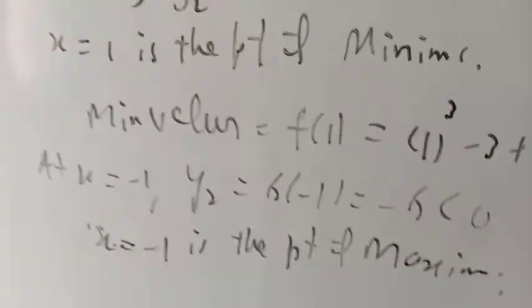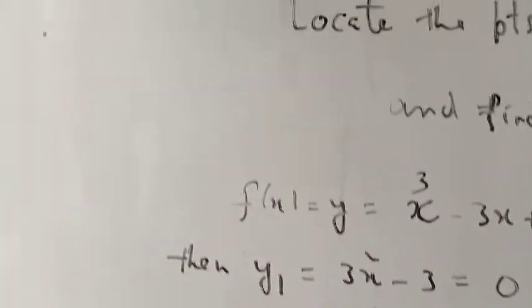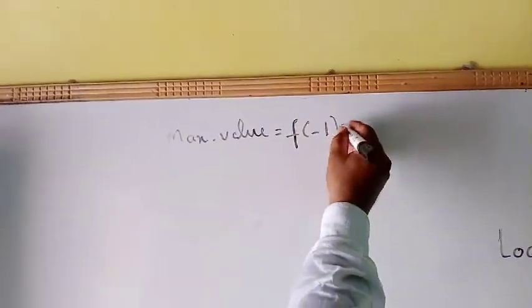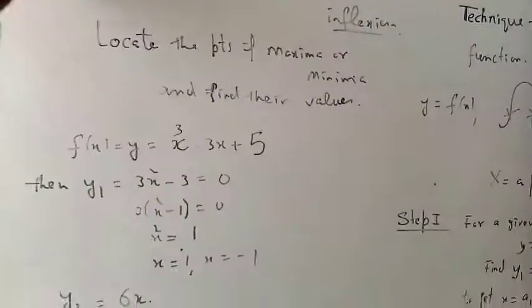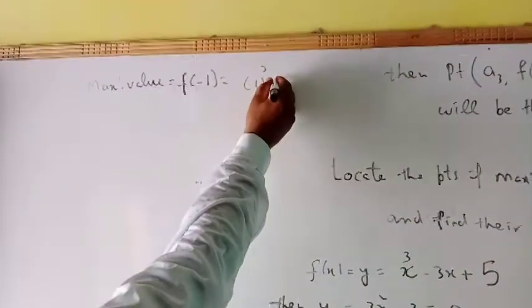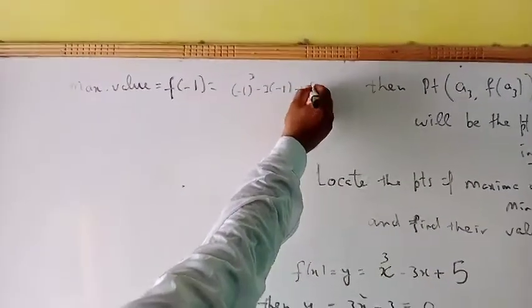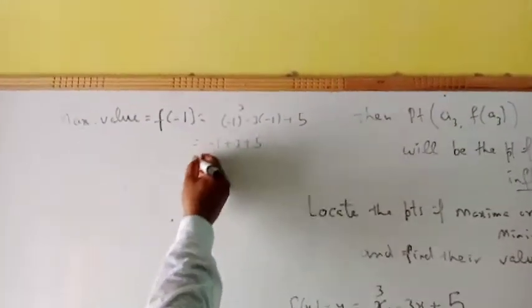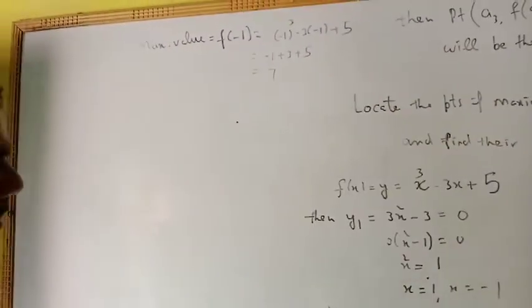The maximum value will be f of minus 1. Just put here minus 1 raised to the power 3 minus 3 into minus 1 plus 5, that is minus 1 plus 3 plus 5, which is 7.